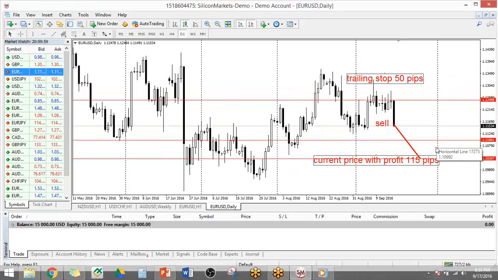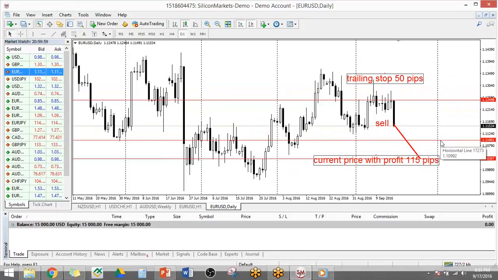Every time it moves again by 50, our stop loss again moves by 50. So for example, this is the current price. It moves down by 50, and our stop loss, with a trailing stop of 50, moves down as well. Move 50, move 50, move 50.